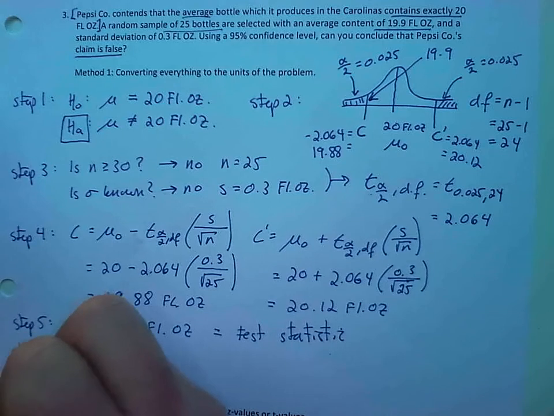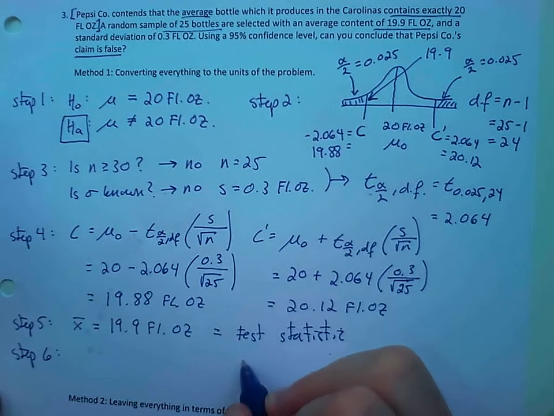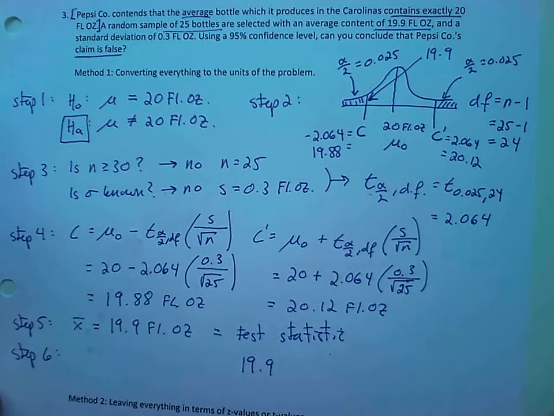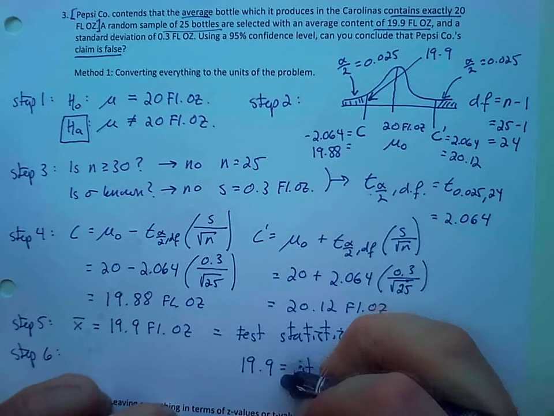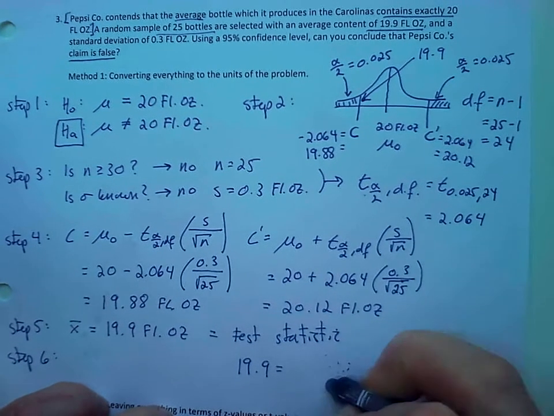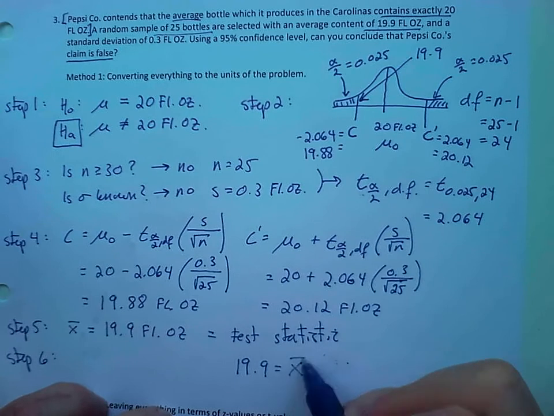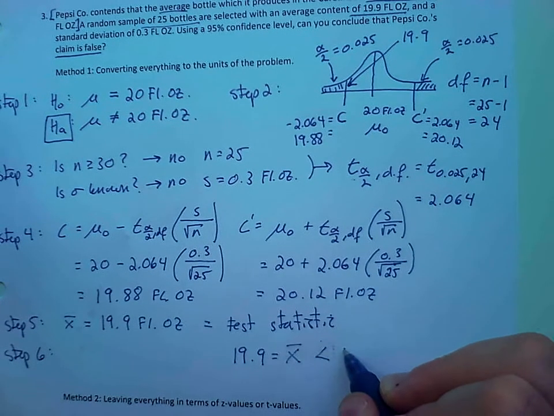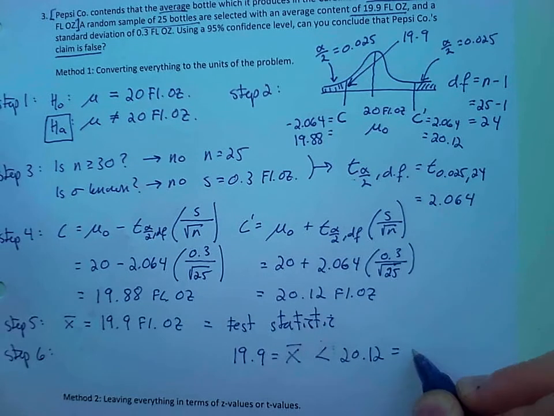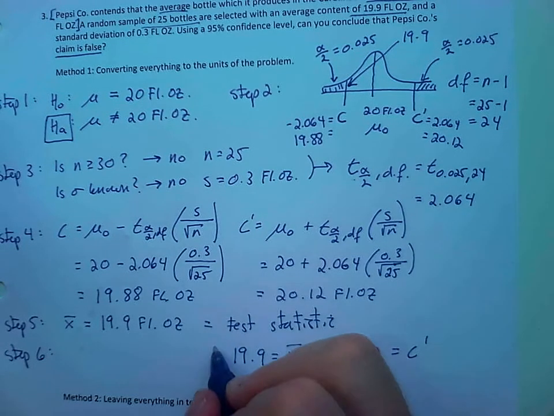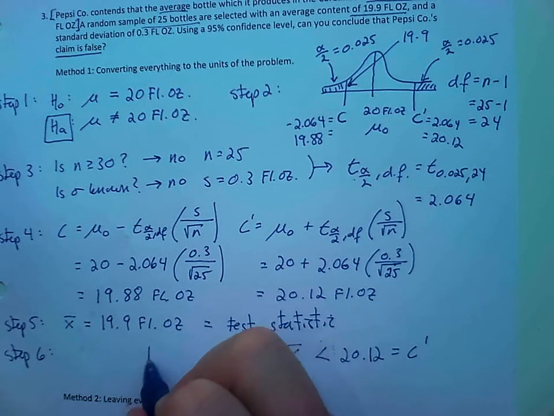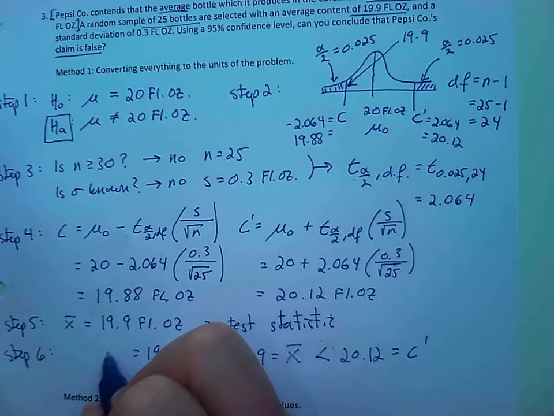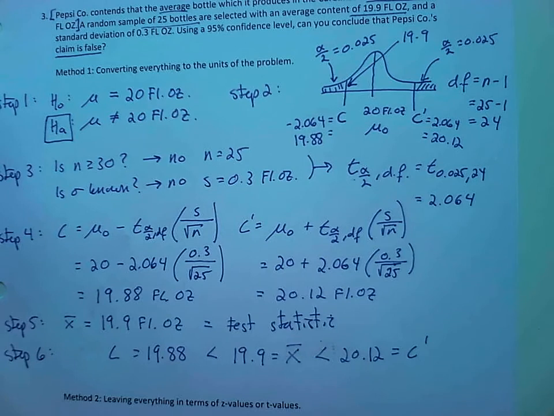So therefore, in step number 6, what we want to say is that 19.9, which is our test statistic, x bar, is strictly less than 20.12, which is the right-hand side critical value, but strictly greater than 19.88, which is our left-hand side critical value.